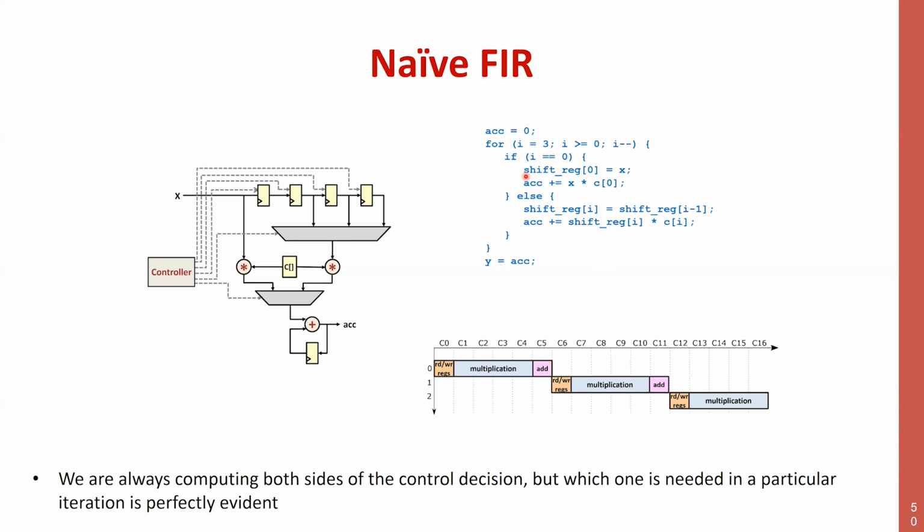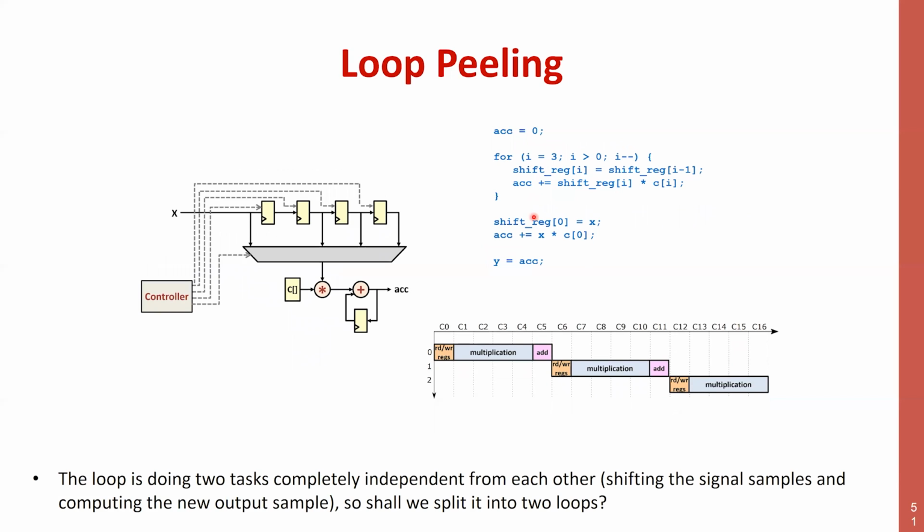So it's clear that we don't need this control decision. What we can do is take the one special case out of this loop and put it outside of the loop, and now the loop has no test again.